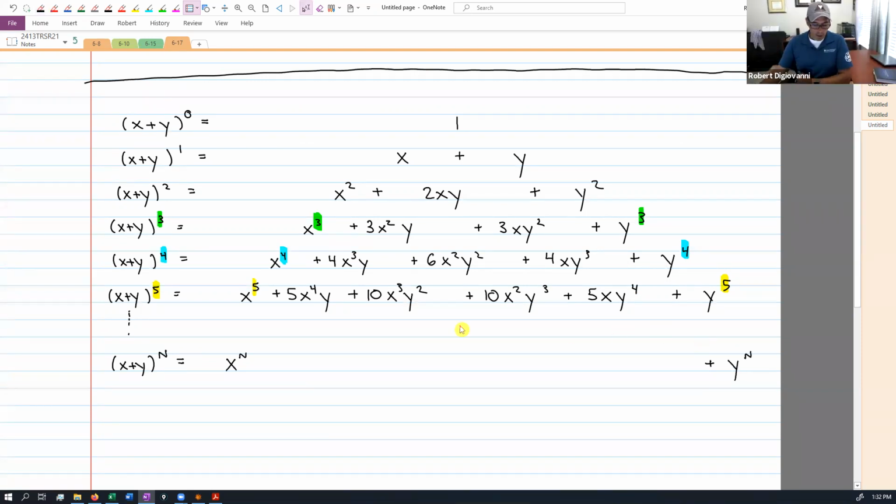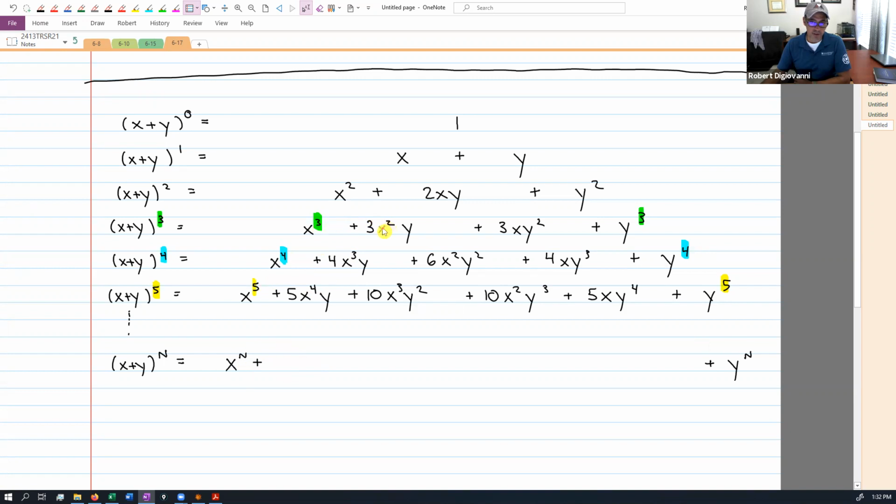Now, let's see if we can figure out what the next term would be. For the next term, let's talk about the x's. What power on x will I have on this one? If this one is n, what would this be? n minus 1, 1 less than n, right? Like this is a 5 on the x, this one's a 4. If this one's a 4, this is a 3.